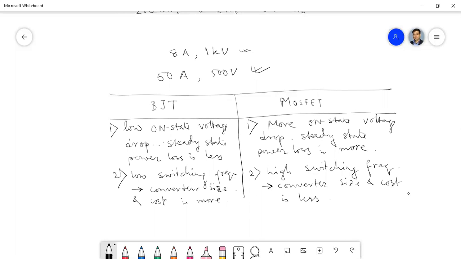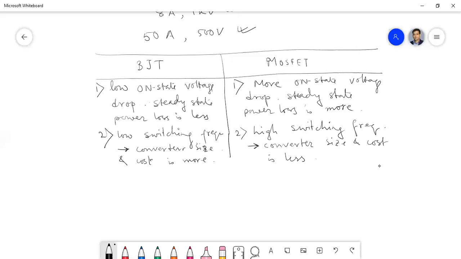Now if we go for availability, BJTs are available at high current and high voltage.